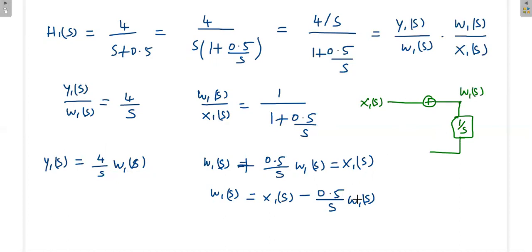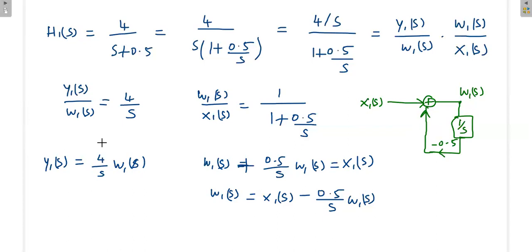W1 is multiplied with 1 by s, with a coefficient of minus 0.5. Now we can add this here. Now this part is over. We need W1 of s. W1 of s is equal to X1 of s plus W1 of s multiplied with 1 by s into minus 0.5. So now we got this structure.